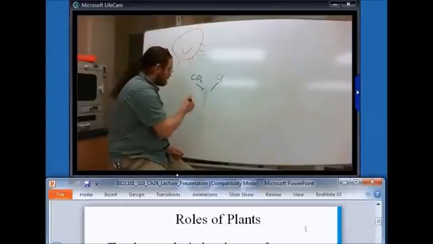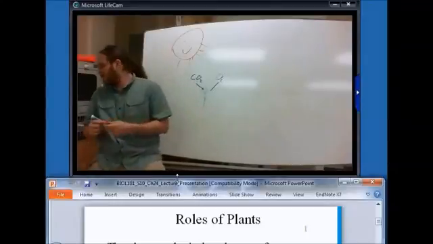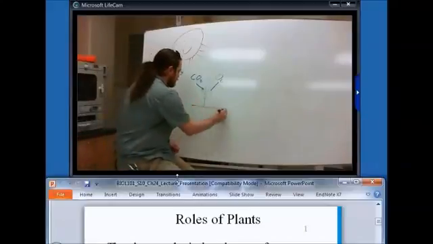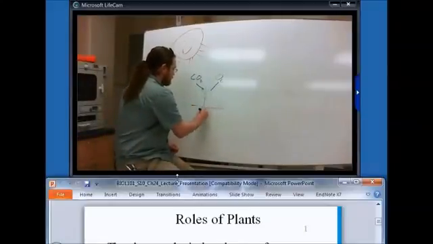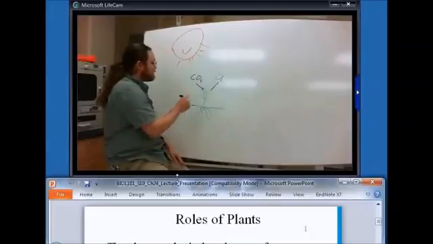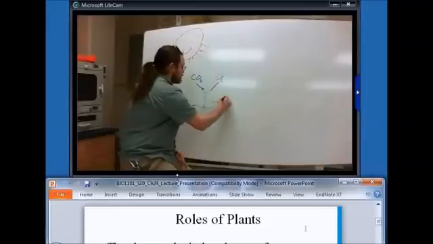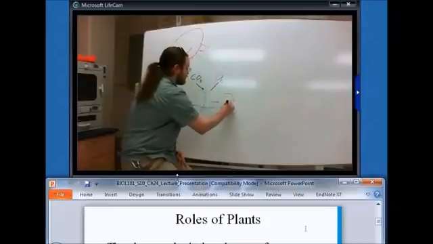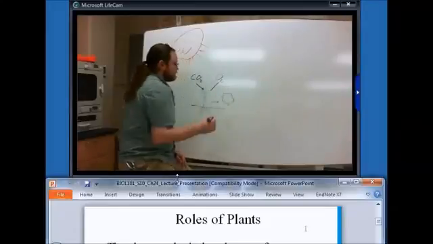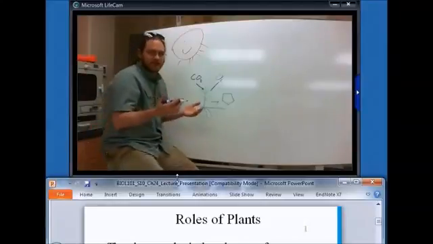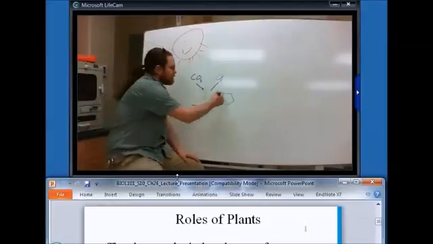Then what we have happening is we've also got water down here coming in through the plant roots. And by using the CO2 and water, the plant can make sugars. And what's great about, we're calling these sugars, but it's basically most any plant material.